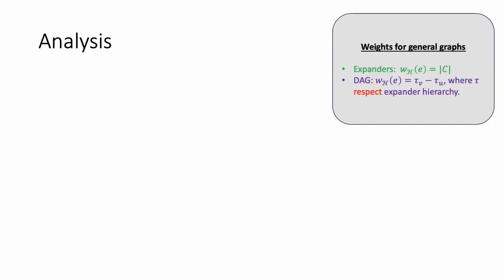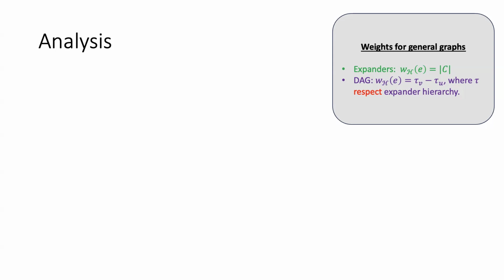And again, for the DAG, we'll pick a good enough topological order that respects the expander hierarchy. I'm not gonna define what this means again, but there is some easily computable topological order that you can pick, and then just set the weights of the edges to be the difference of the order between the endpoints.